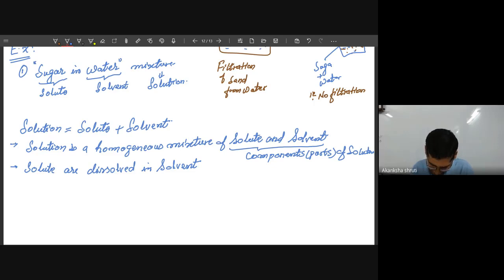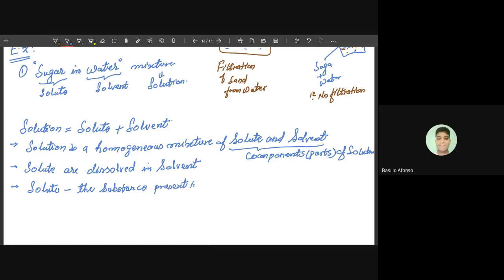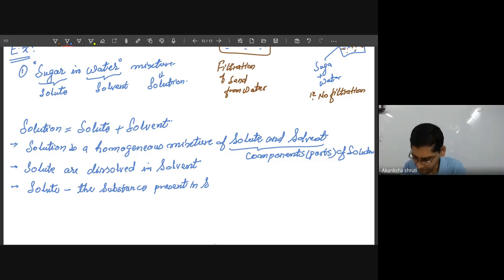So, how do we identify the solute? The substance present in a smaller amount is the solute, and the substance present in a larger amount is the solvent.